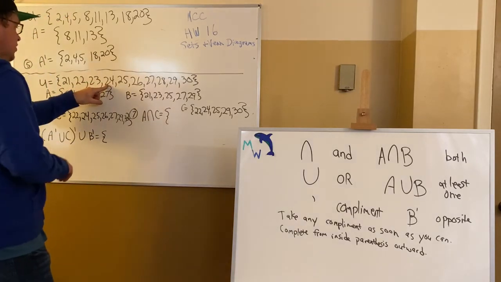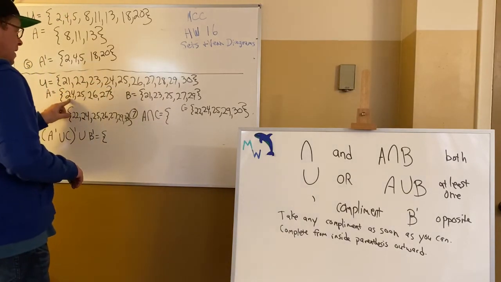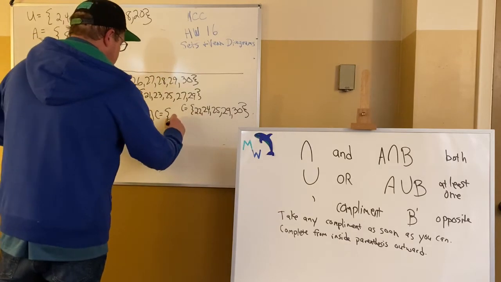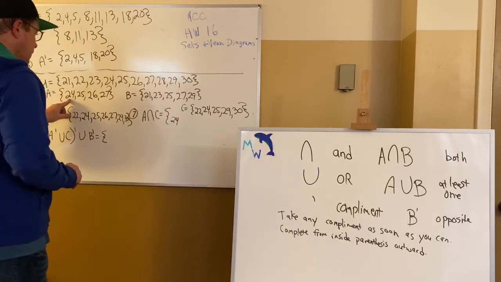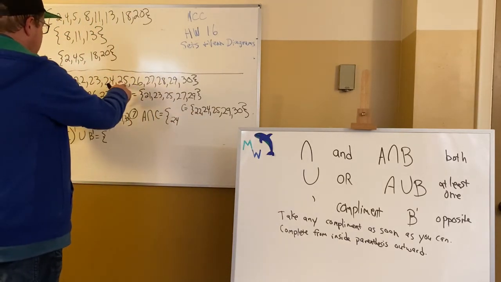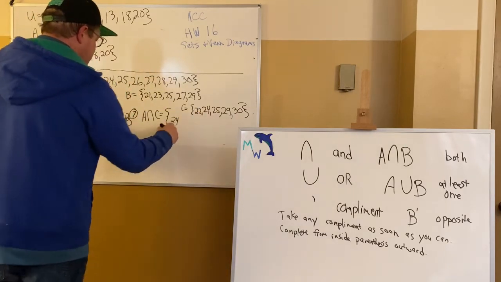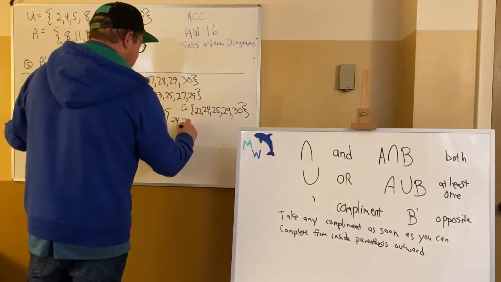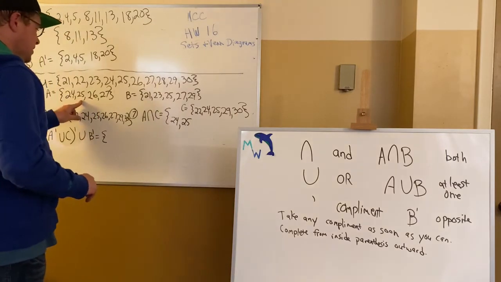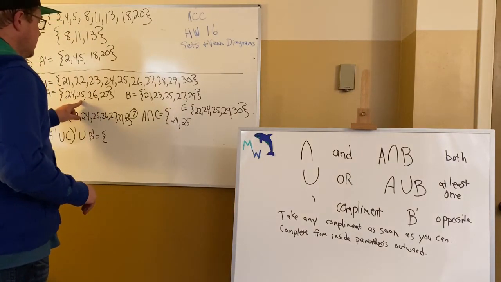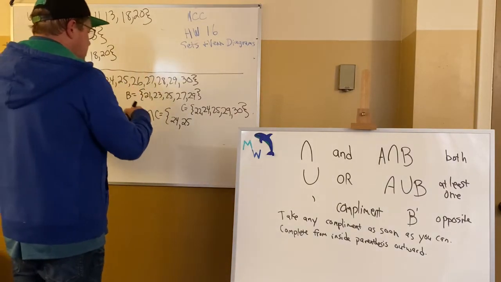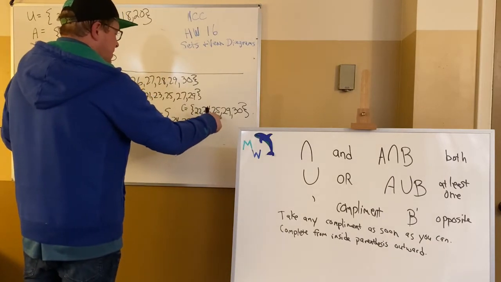So I'm going to begin my search at 24. 24 is in A, 24 is in C, so I get that. Universe now says let's go 25, which A has, but 25 is also in C, so 25 is in my A and C. Universe asks about 26, which A has, but C does not. Gap right there.